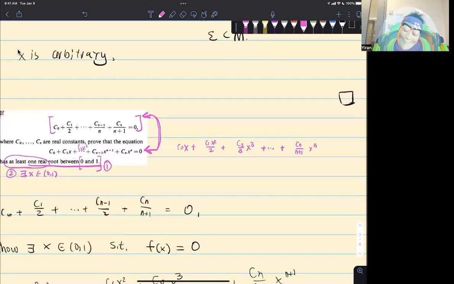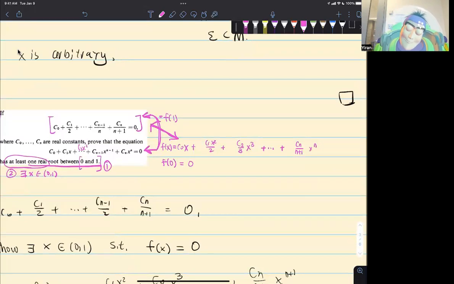And then I see the relationship between this and this more directly, because if I define this function to be f of x, then this is just f evaluated at 1 minus f evaluated at 0. And we also know that f evaluated at 0 is equal to 0.